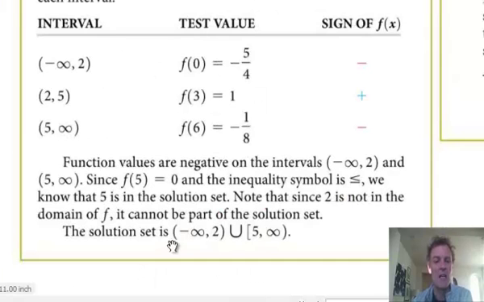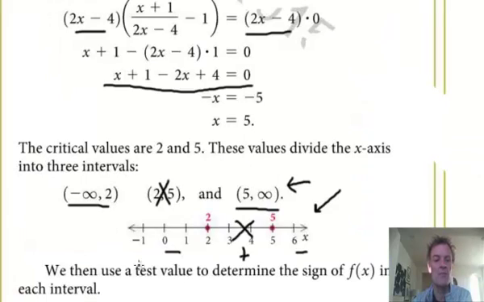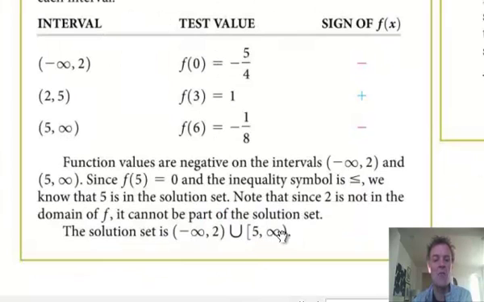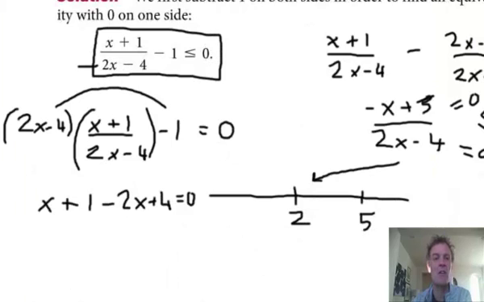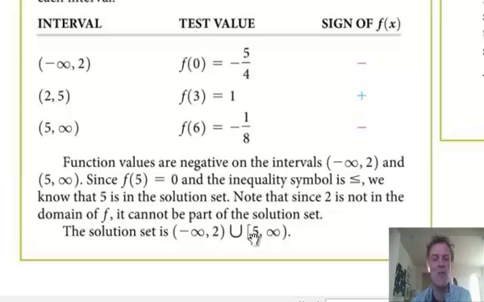Okay, here it is. So from negative infinity to 2, which is what we have here, and then from 5 to infinity. But look, this is not exactly what we've got here, right? Because remember, the whole question has an equal sign in it as well, which means we should be using brackets, which is why this has a bracket. So why doesn't this one have a bracket?